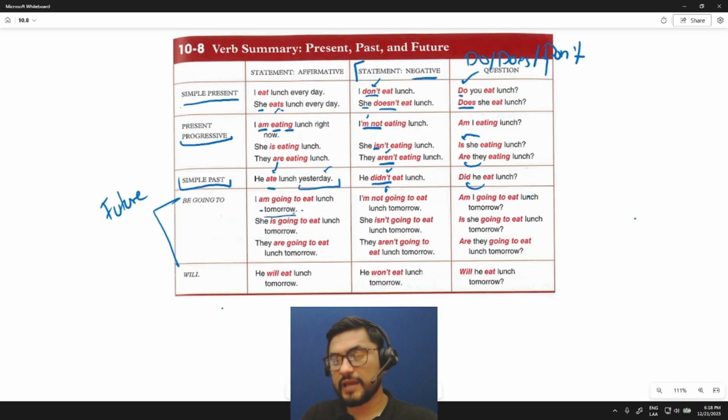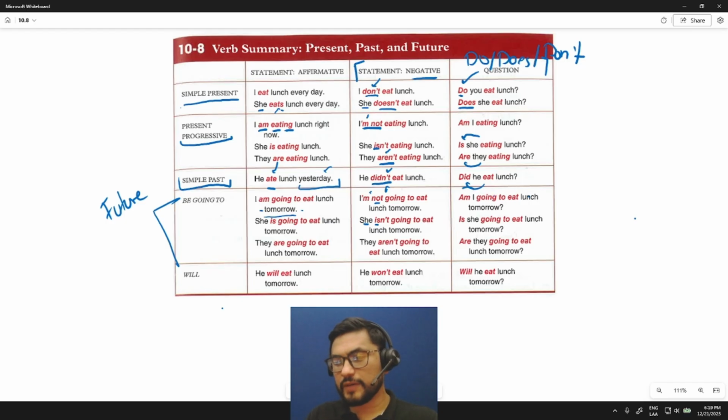To make it negative, we're going to add not in front of to be. I'm not going to eat lunch tomorrow. Again, we use is for she, he, it. So she isn't going to eat lunch tomorrow. And we use are for they, we, and you. They aren't going to eat lunch tomorrow.